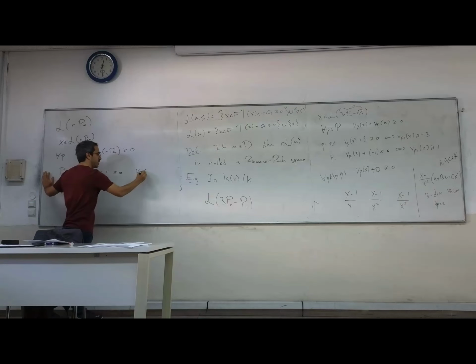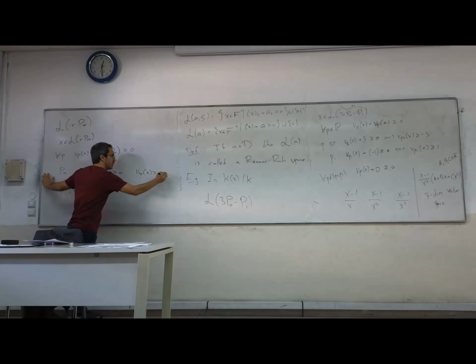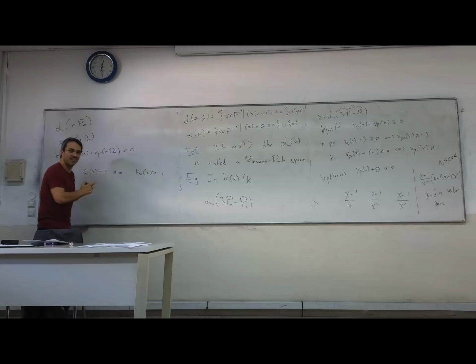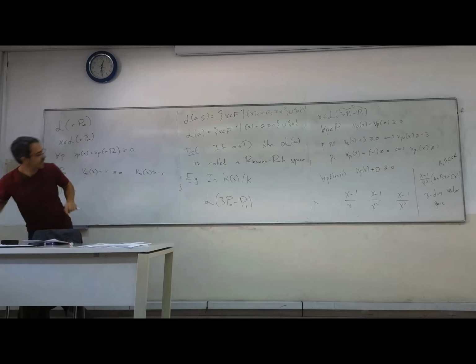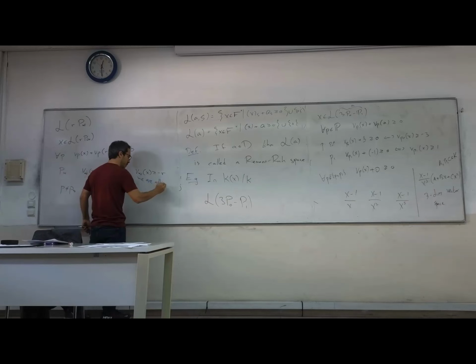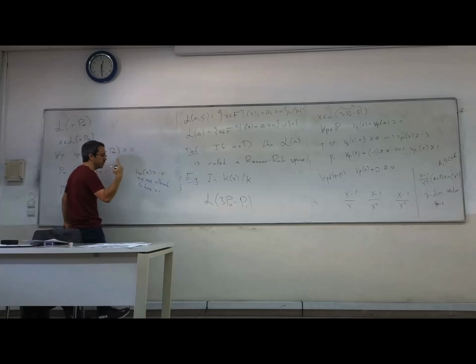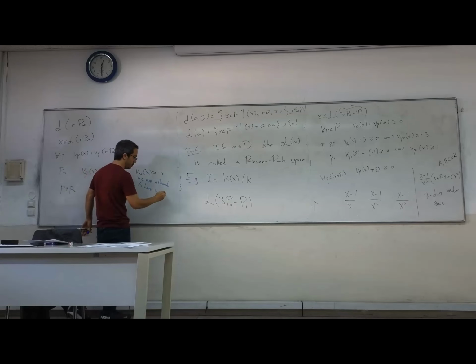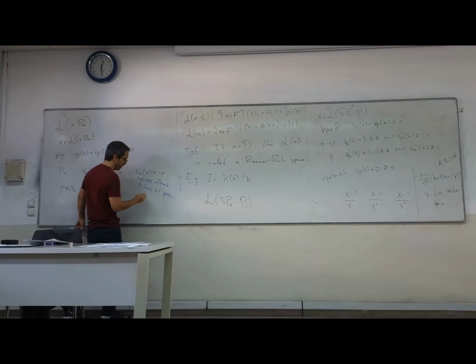Or put differently, how should I read this? You're allowed to what? Exactly. We are allowed to have poles, but at most r, I'm thinking of r as positive. At most r poles at infinity.